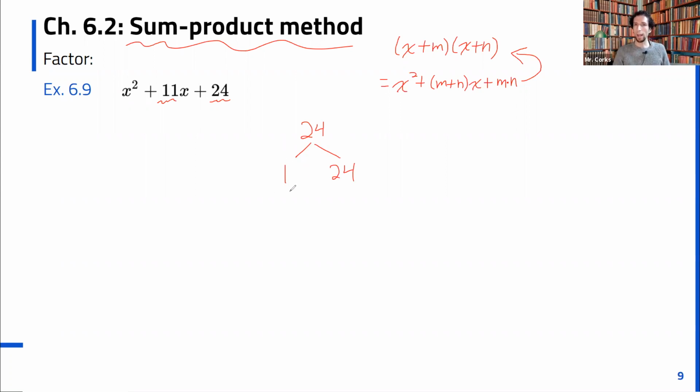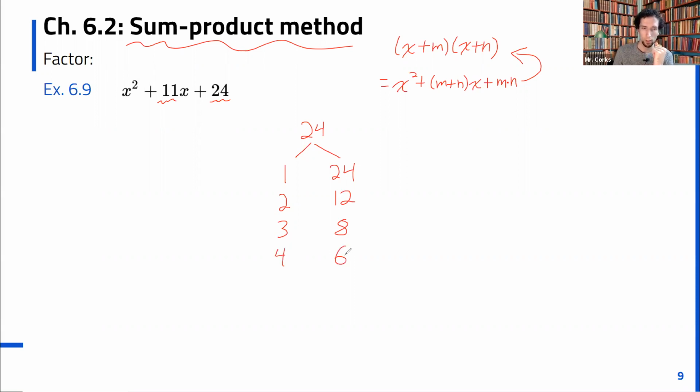Let's work down in order. After 24, what's the next one? 2 and 12. Yeah. And then the next one, we have 3 and 8, which you guys mentioned. And any more? 4 and 6.